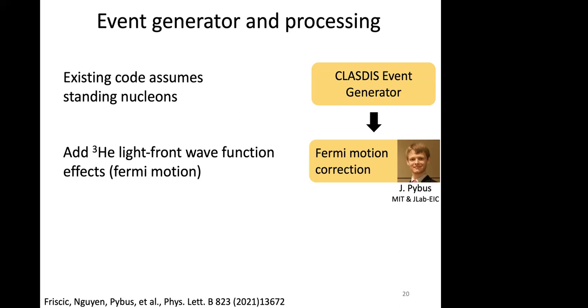So first, we generate the scattering on the neutron, and then we can add Fermi motion for that neutron and also calculate the two spectator protons.